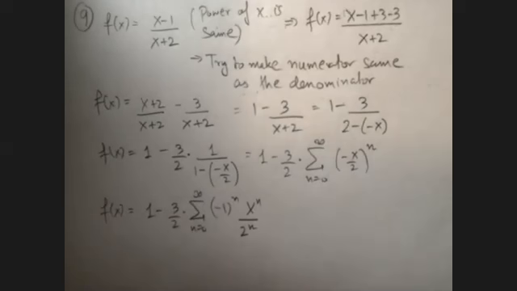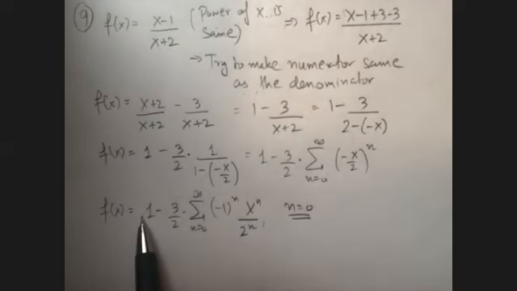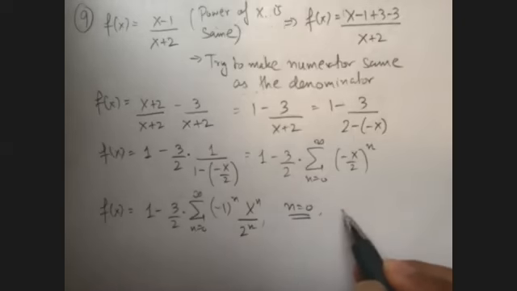We can improve it further if you write, okay, what is the n equals 0 term? Because we have a constant here, 1, and n equals 0 is also constant, so we can add or subtract the constant. So the n equals 0 term is just 3 over 2.